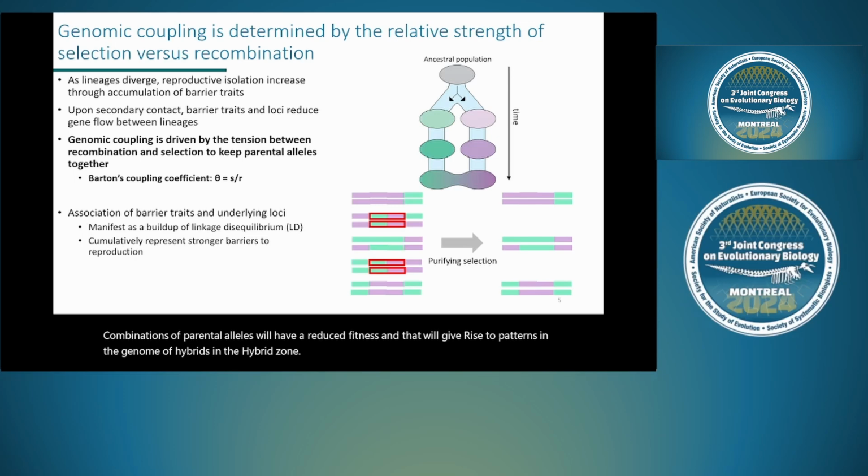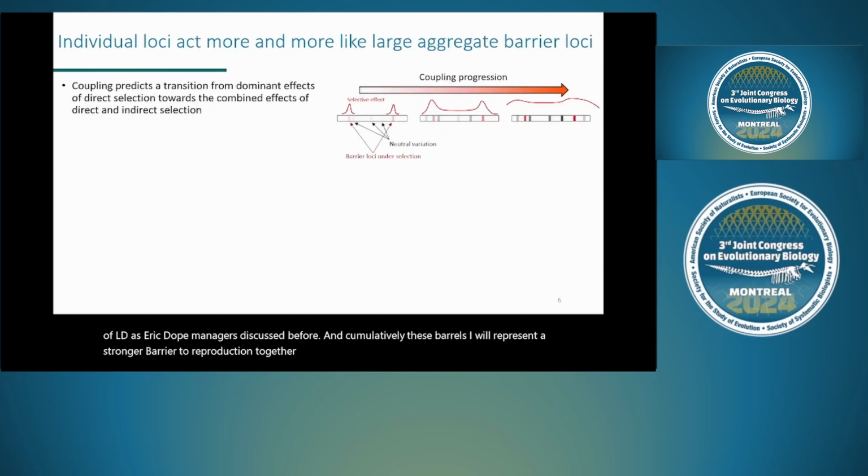That leads to association of barrier traits and underlying loci. That leads also to buildup of LD, as Eric Dopman just discussed before. And cumulatively, these barrier loci will represent a stronger barrier to reproduction together. Going a bit further, coupling predicts a transition from these barrier loci being subjected to only direct selection and acting independently, to direct and indirect selection effects applying upon several barrier loci.